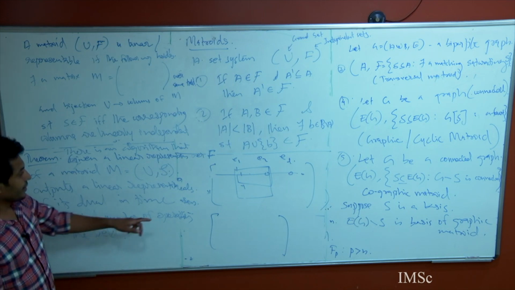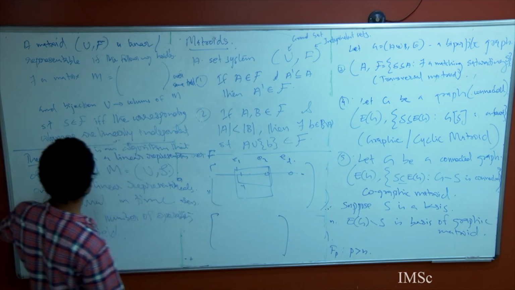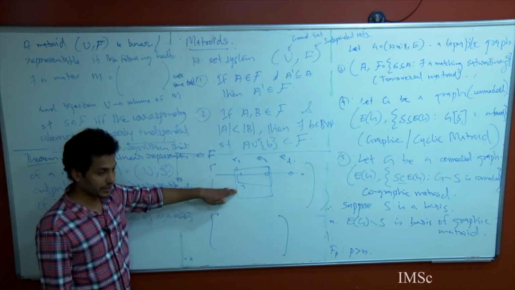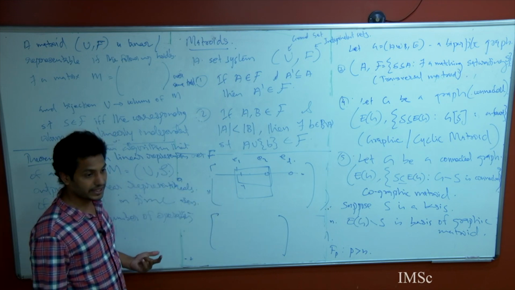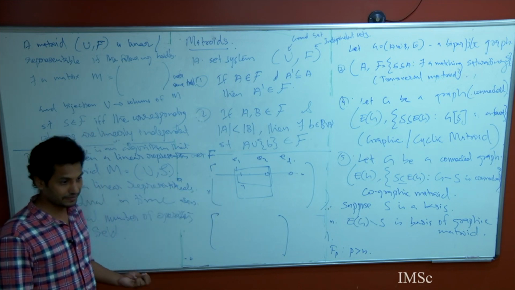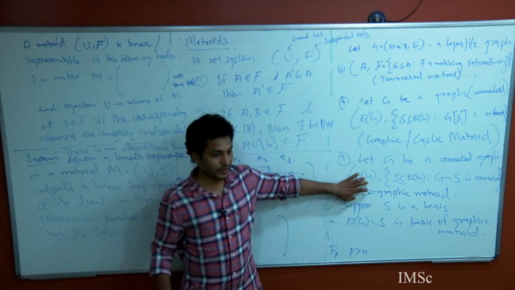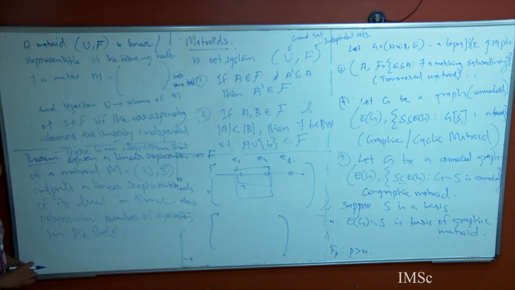Which means that if I gave this algorithm this input, it will output a linear representation of what? Of a co-graphic Matroid, right?